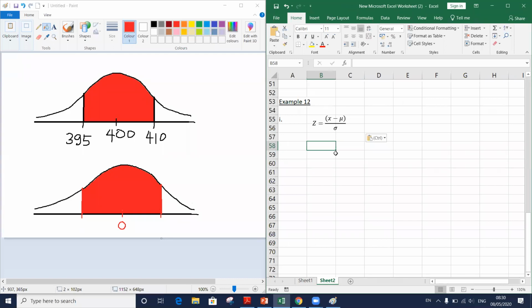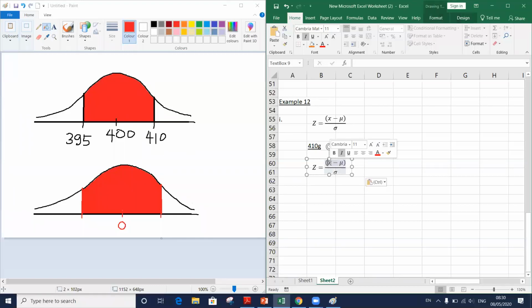Relating to 410 grams, what is the relevant Z value? 410 grams කිව්වොතින් ඒකට අදාළ Z value එක කීයක් වෙන්නේ? How can we find it? Now the x value is what?